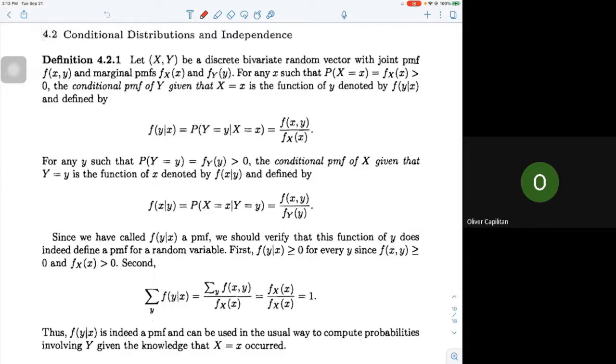Then the conditional probability mass function of y given that X is equal to the realized value small x is a function of y, and this is being denoted by this symbol.